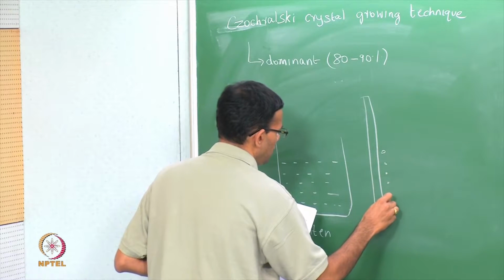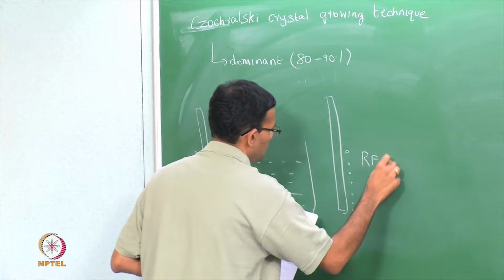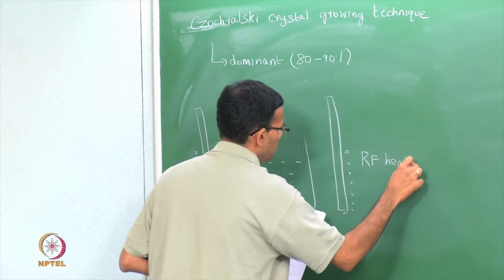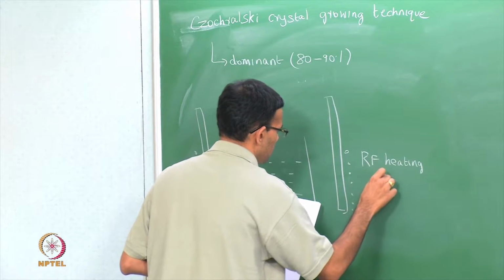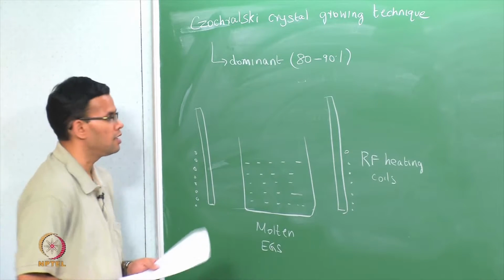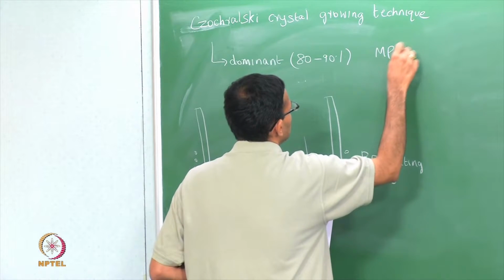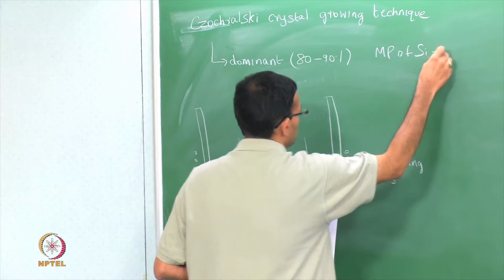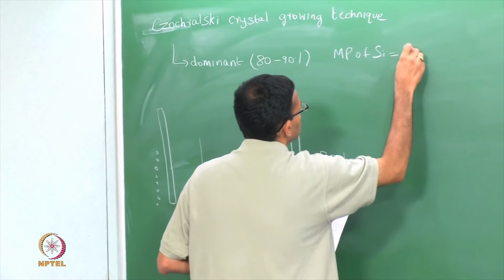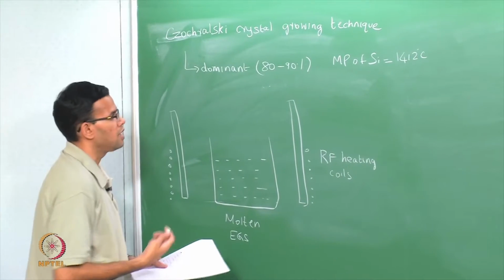The furnace is heated by using RF heating coils. The typical melting point of silicon is 1412 degrees centigrade, so the temperature is higher than that.